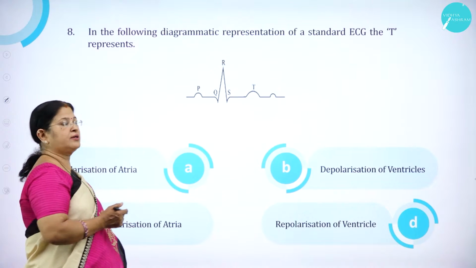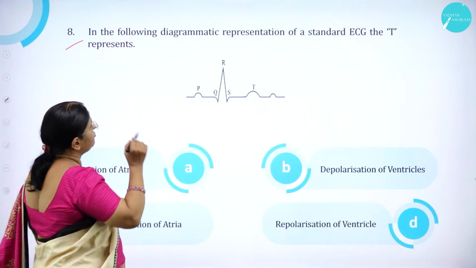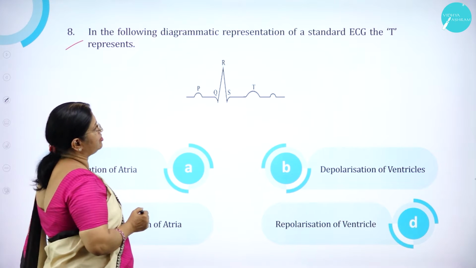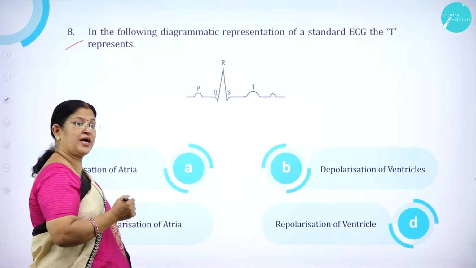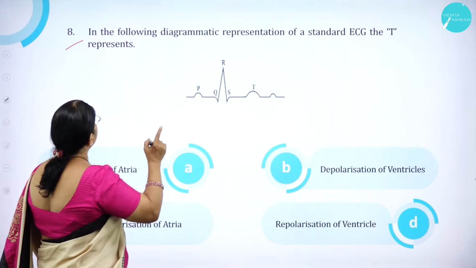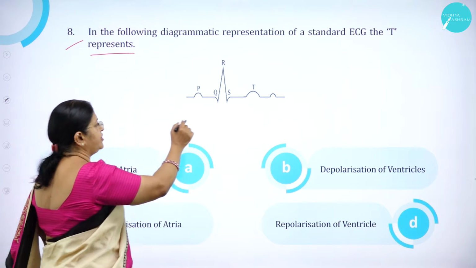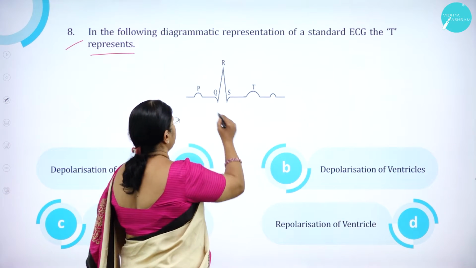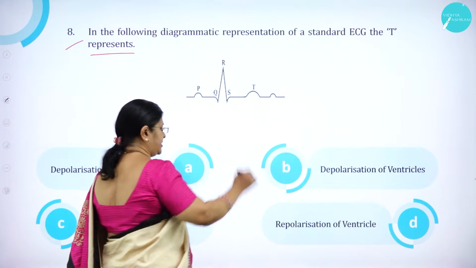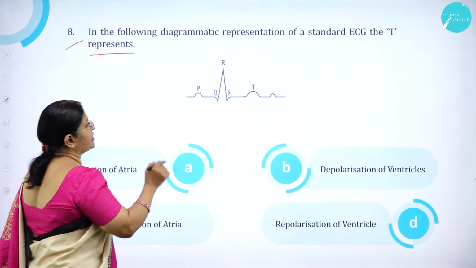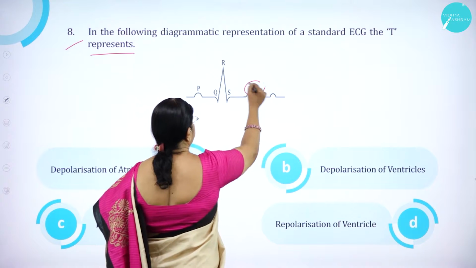In question number 8, in the following diagrammatic representation of a standard ECG electrocardiograph, the T represents what? Here you can see the ECG, PQRST, right? So what does T represent?